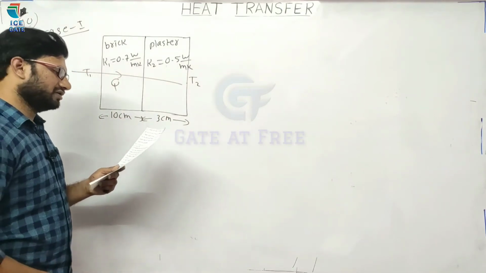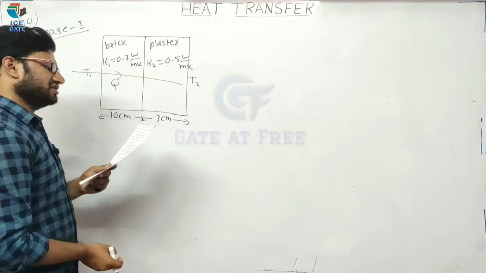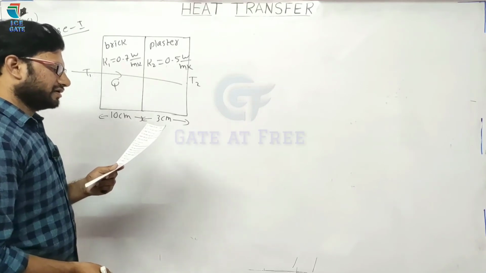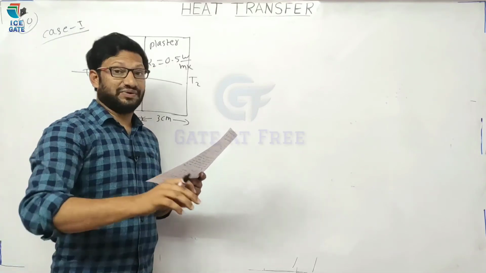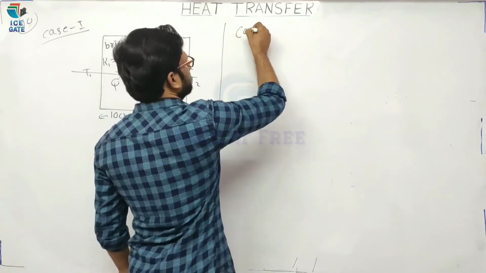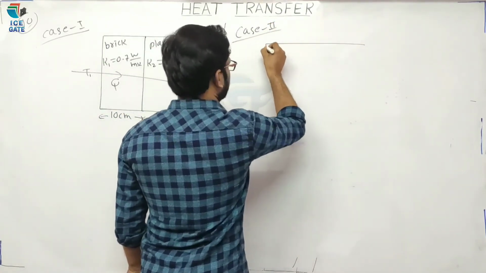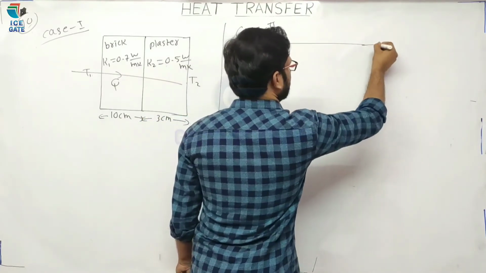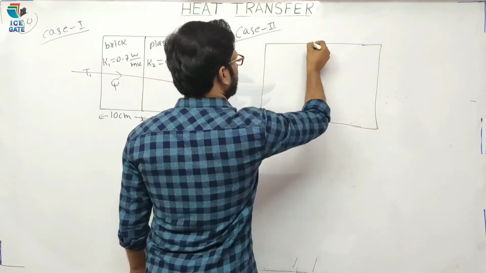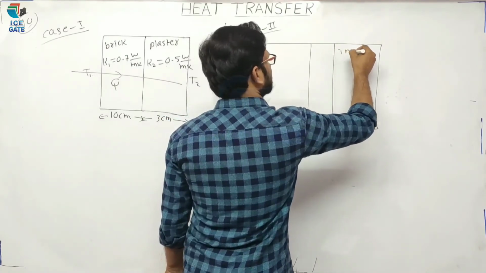Now we have to calculate, after adding insulation, the heat transfer reduced by 70%. Now take the second case, case 2. In case 2, we have brick, plaster and insulation.